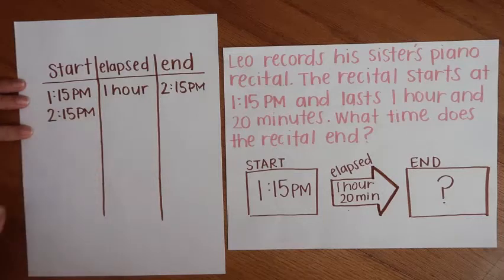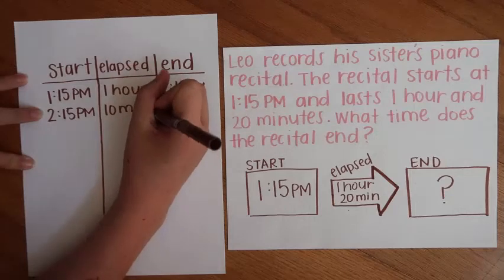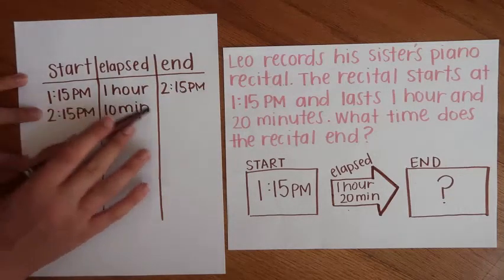And so from here, I'm going to break this up into 2 steps, not because it's necessary, but because it'll give us more practice with it. I'm going to do 10 minutes. So not the full 20 minutes, just 10 minutes into the future.